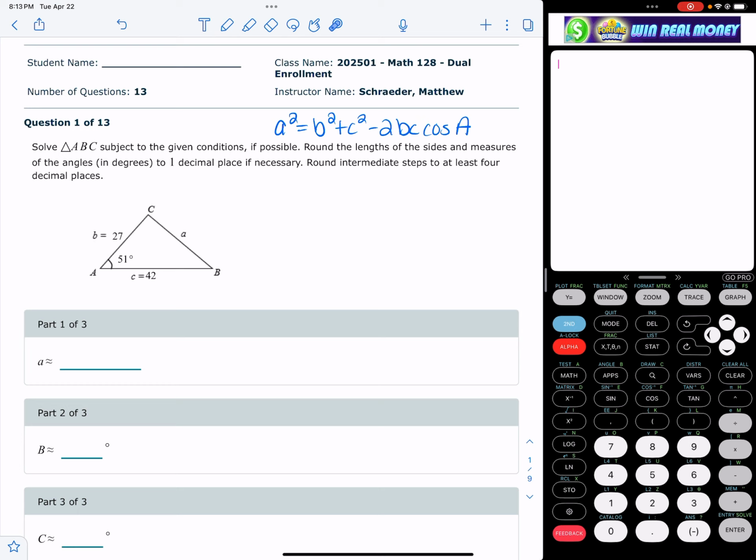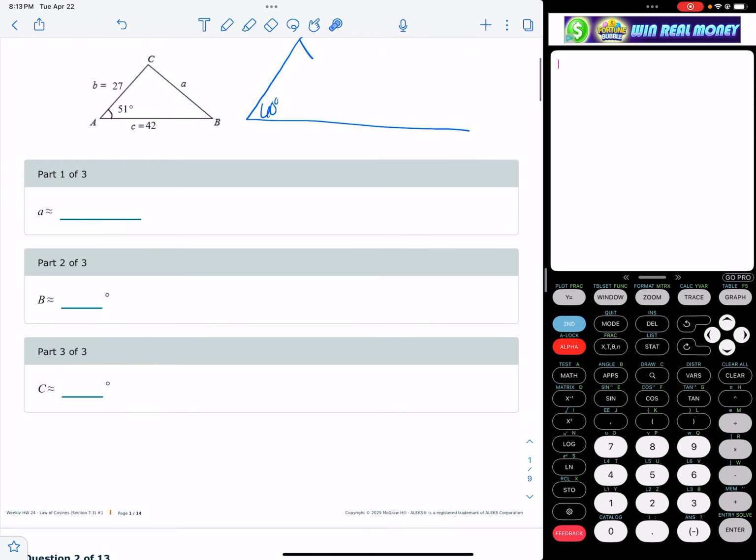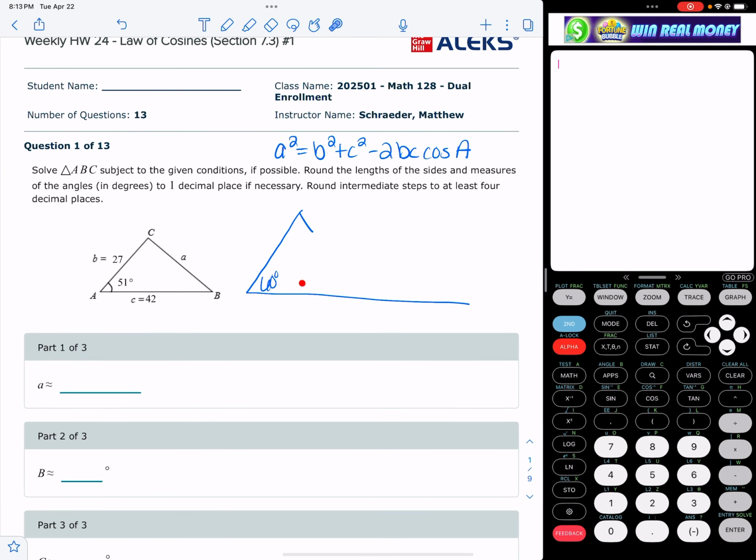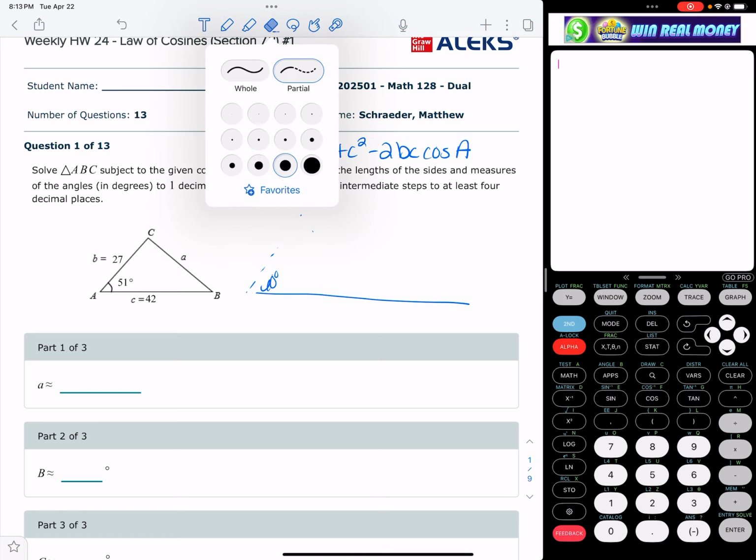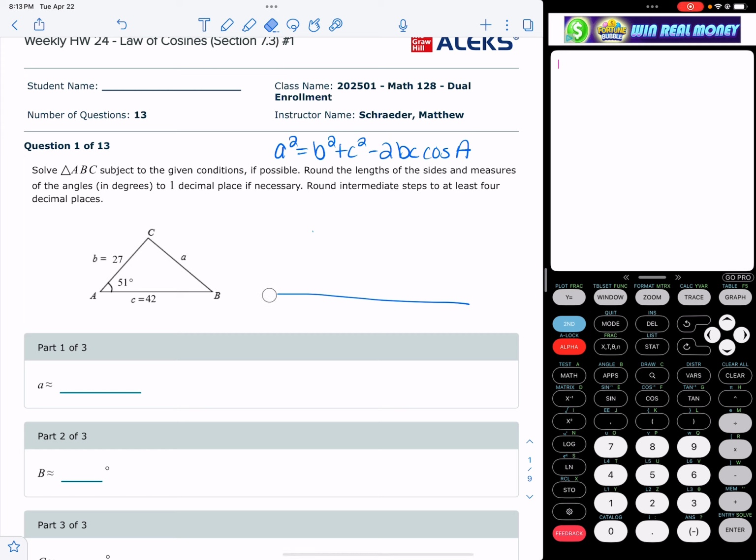What could happen, though, is you have three sides that won't connect, like 10 and 15 and 1, with an angle of, say, 60. There's no way to make this short side fit this side. So there are times when law of cosines will give you no solution, but it will never give you more than one triangle possible.